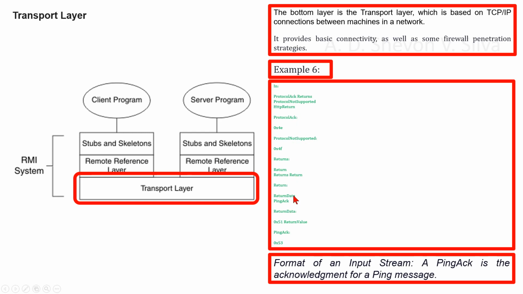The return data is the result of a normal RMI call. HTTP return is the return result from an invocation embedded in HTTP protocol. Ping ACK is the acknowledgement for ping message.